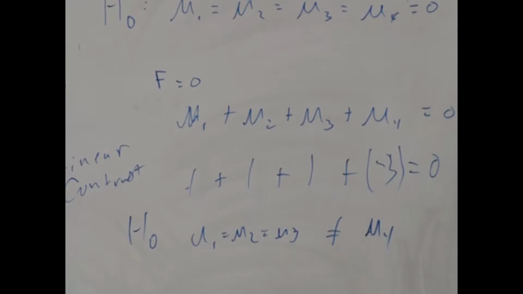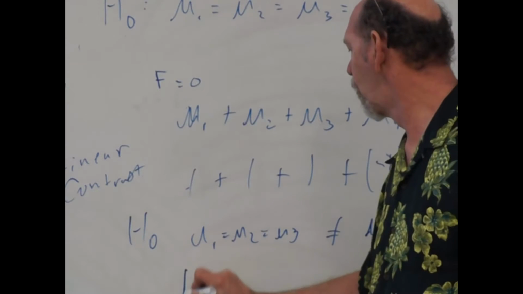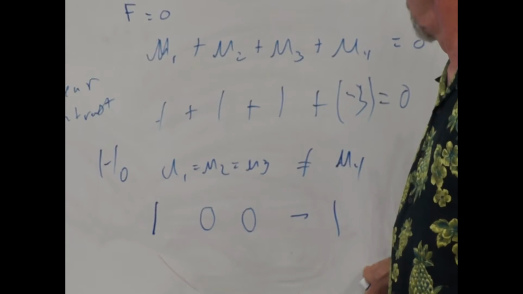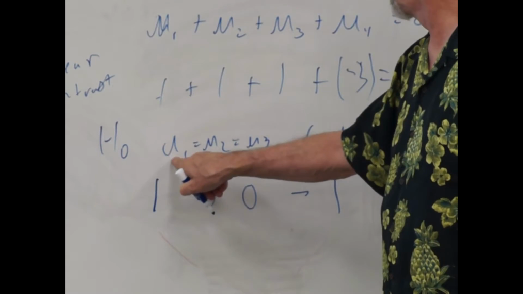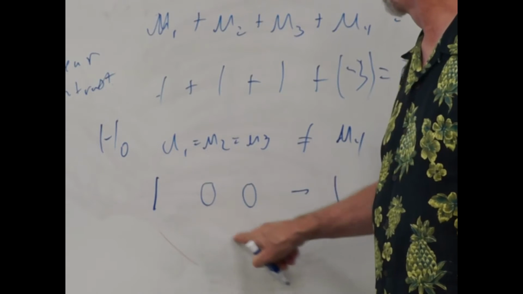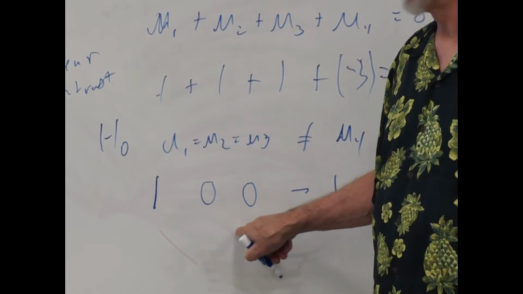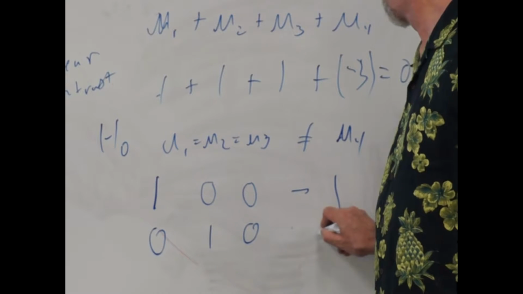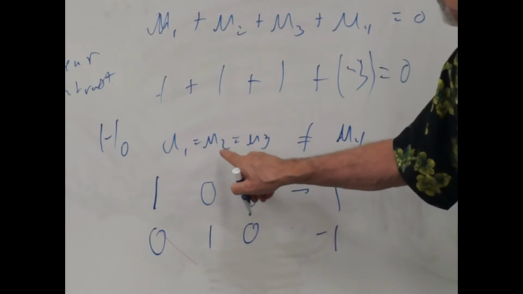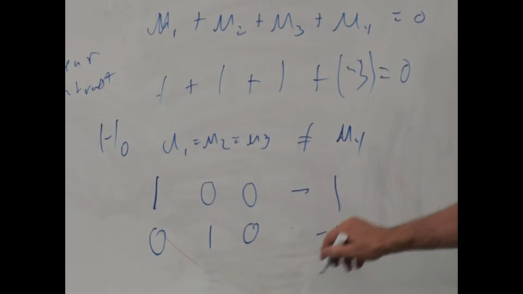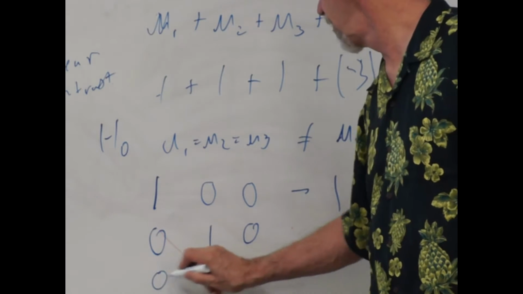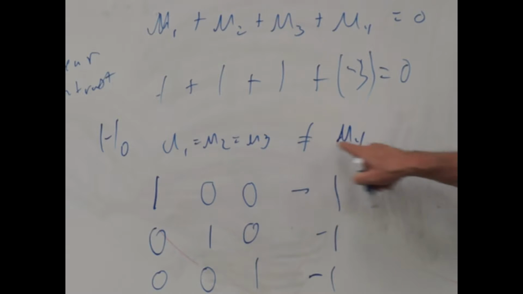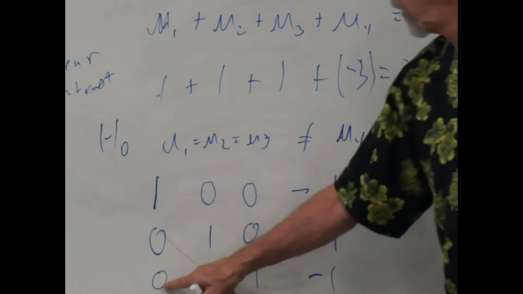So how do we do that? Well, if we go 1, 0, 0, minus 1, we're comparing 1 and 4, and we're zeroing out these things. If we go 0, 1, 0, minus 1, we're comparing 2 and my control. And if we go 0, 0, 1, minus 1, we're comparing 3 and our control, ignoring these two things.